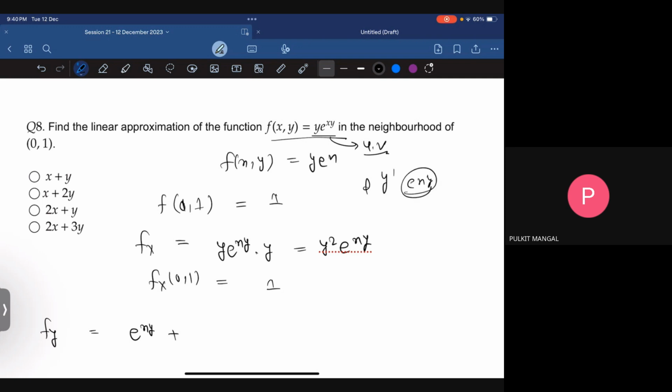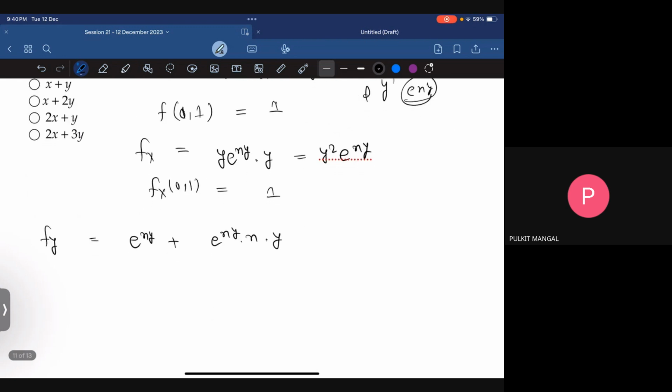Then derivative of this part, e to the xy, dot x dot y. Basically e to the xy you can take common, so we are left with 1 plus xy.